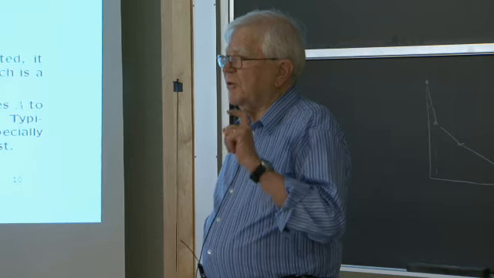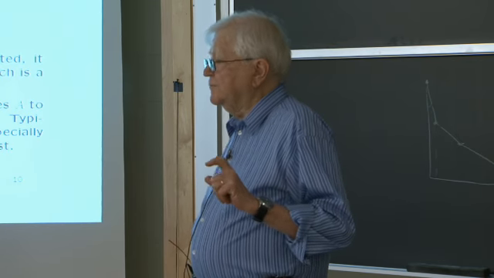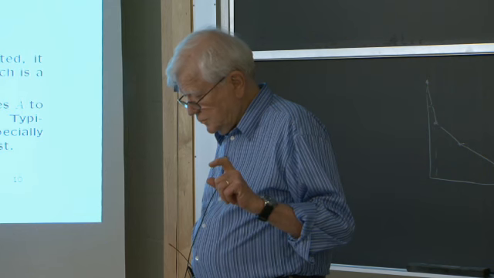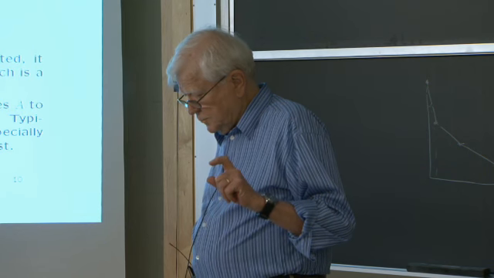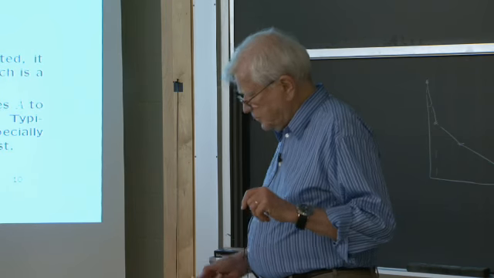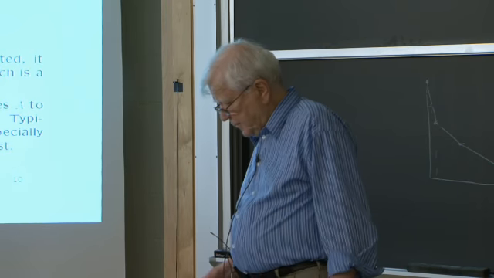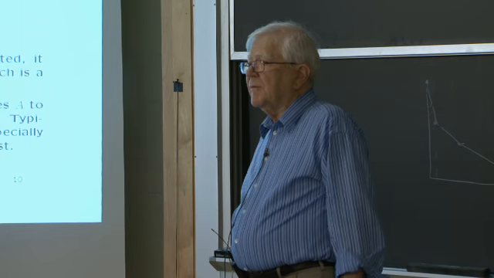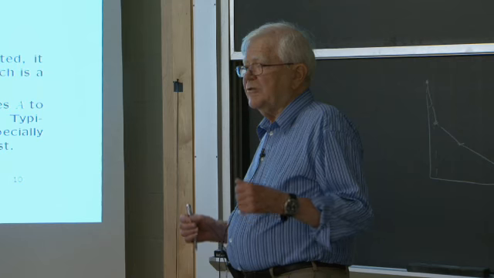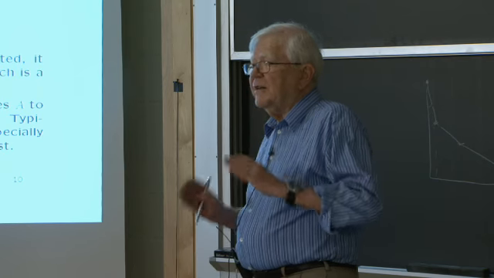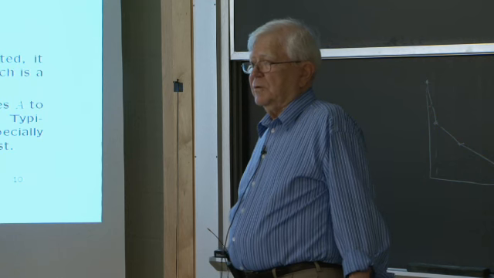Oh, I mean threshold tests. If I have a finite set of alternatives, and I'm doing a threshold test on that finite set of alternatives, I only have a finite number of things I can do.